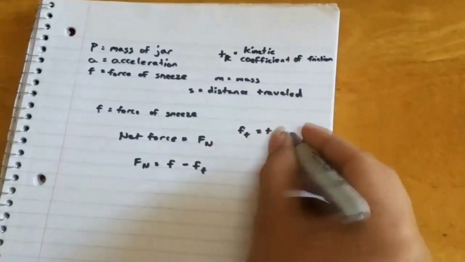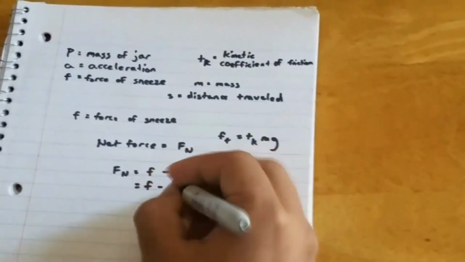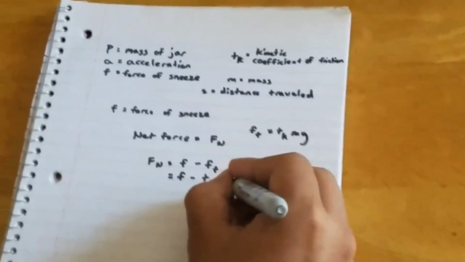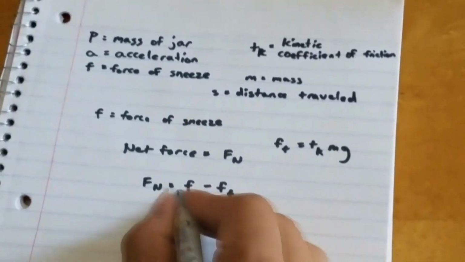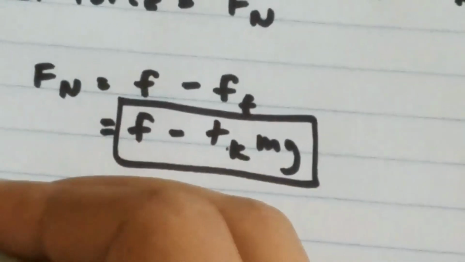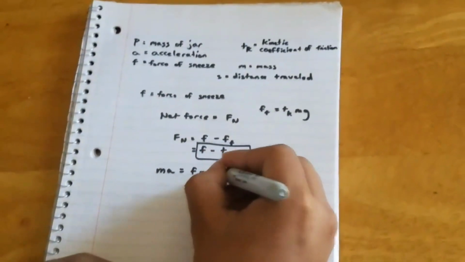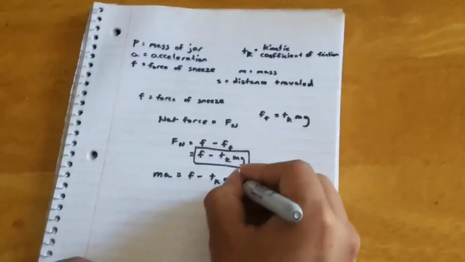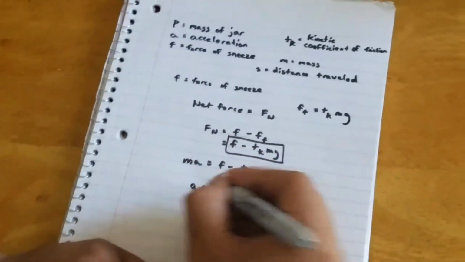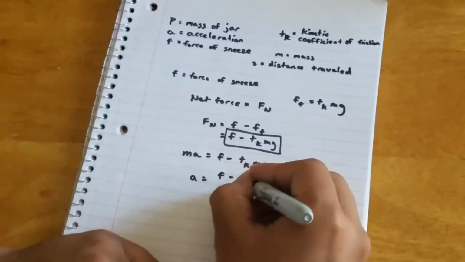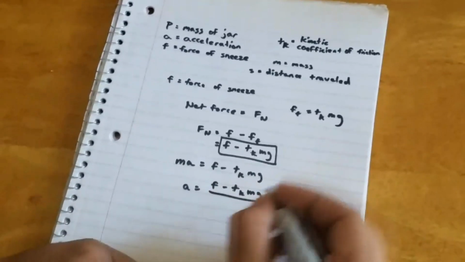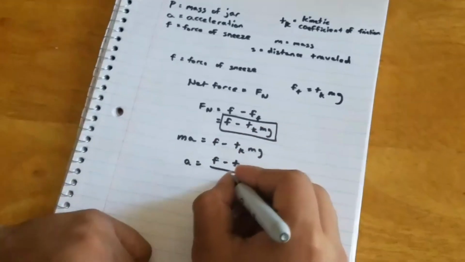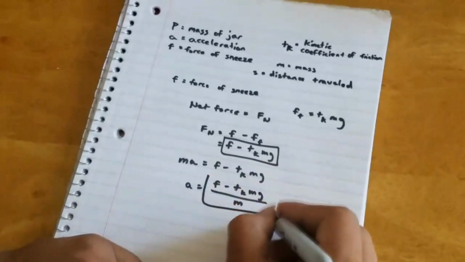If we substitute this in, it would be represented by this formula. As we know, F net is the mass of the jar times the acceleration of the jar. So in order to calculate the acceleration, we would substitute ma for the net force, and then acceleration would be the net force formula divided by the mass.